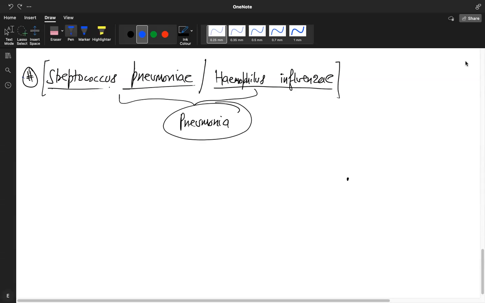But what does the S mean here in SpO2? There is an S also, right? So what is S? No one figured out.